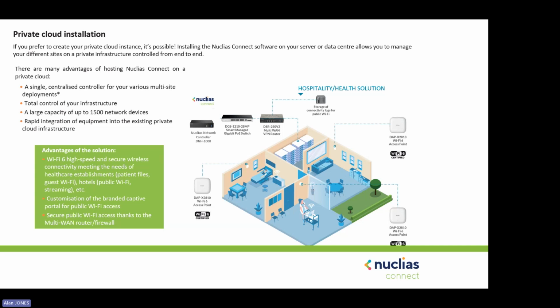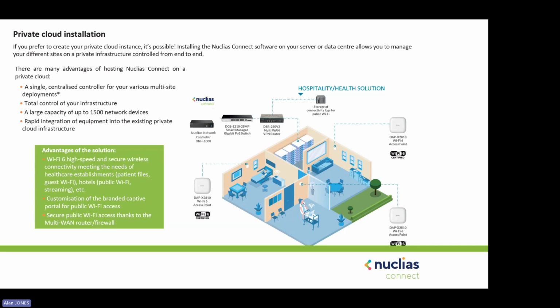Essentially, the diagram shows one of the DSR routers being the gateway for the network, and then we've got the DGS 1210 series switches being the connectivity, providing the Ethernet connection as well as the power over Ethernet for that. In this diagram, to the left of all that, we've put in a DNH 1000.